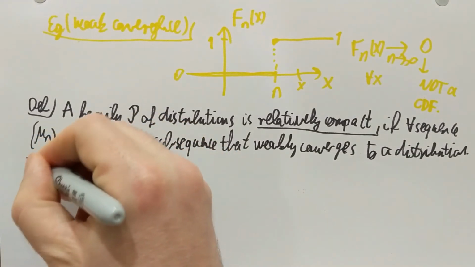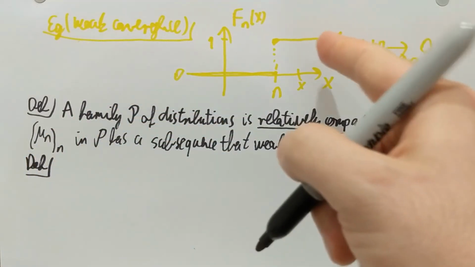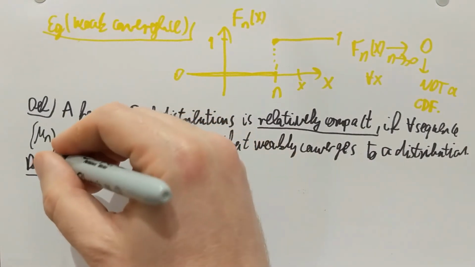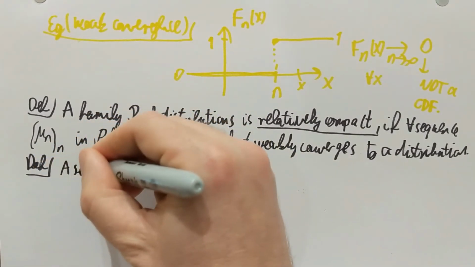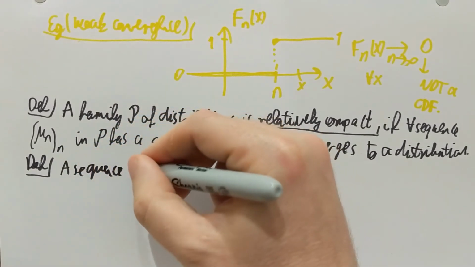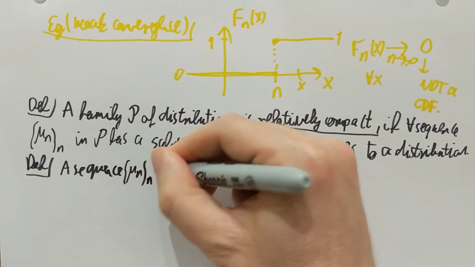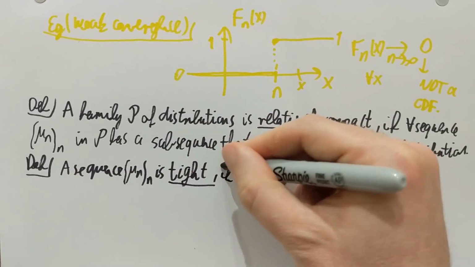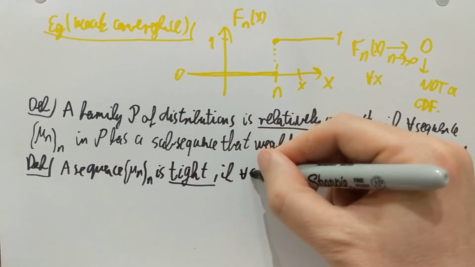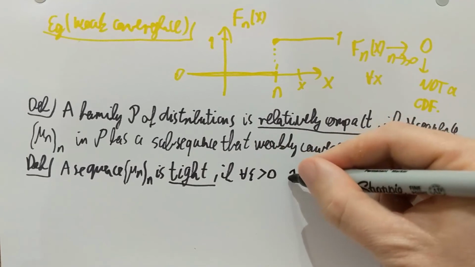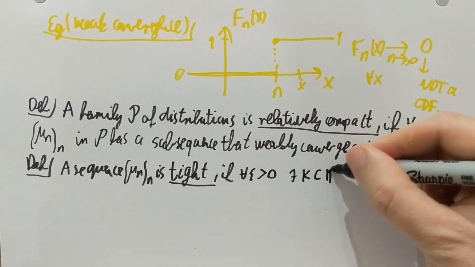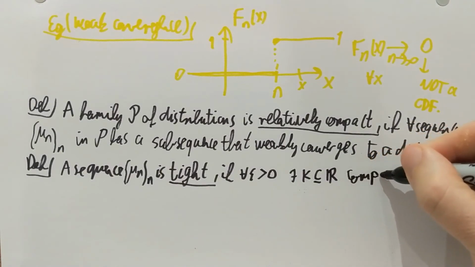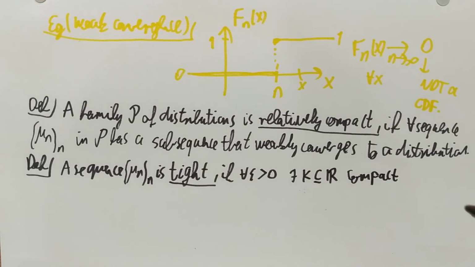I hope everybody understands that this definition addresses the problem we had before, at least on the level of definitions. The second definition I want to make is the following. A sequence mu_n is tight if for every positive epsilon there exists a compact subset K of R. In R, these are just closed and bounded sets.